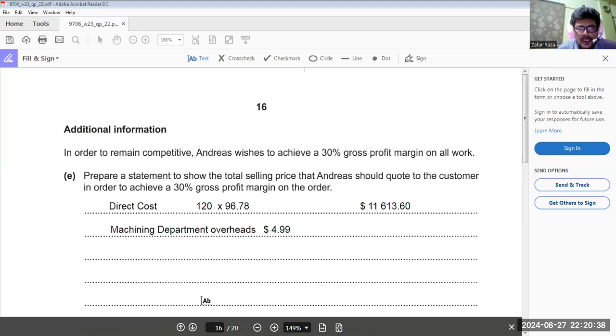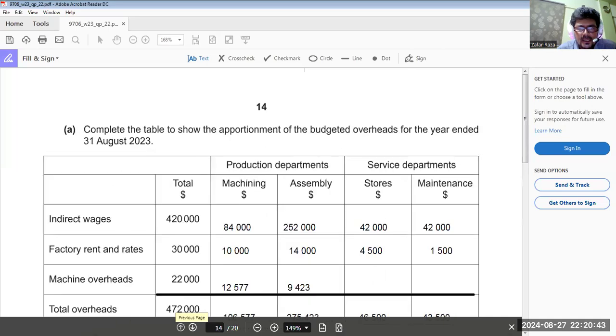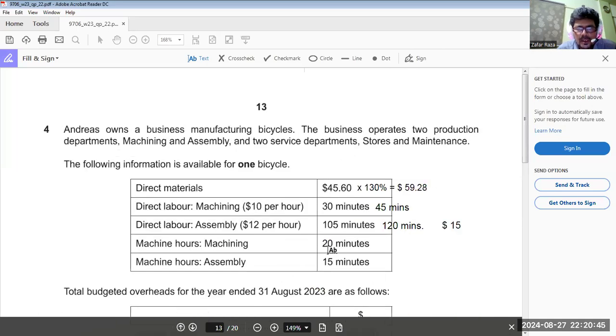So machine department works on machine hours. So machine hours in machine department are 20 minutes per bicycle.